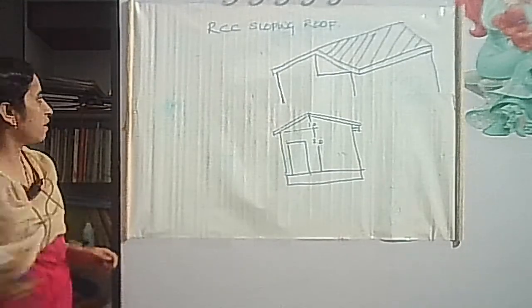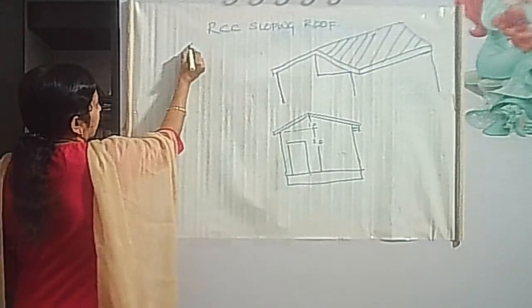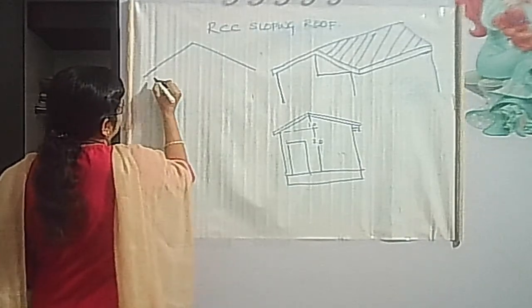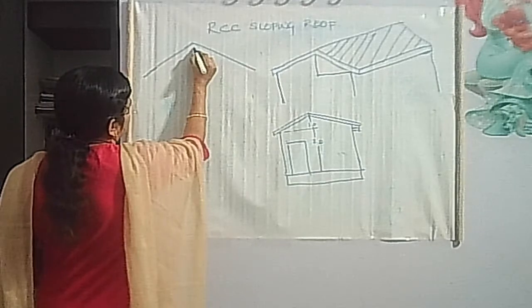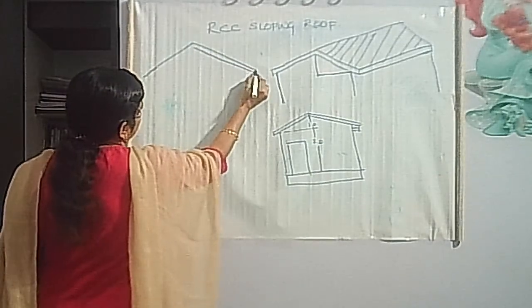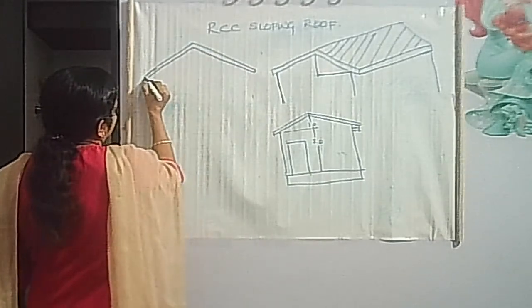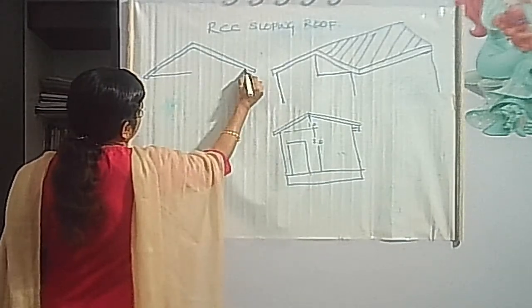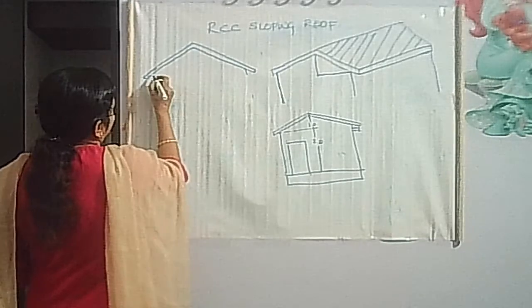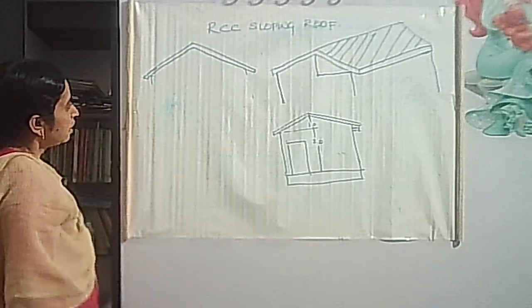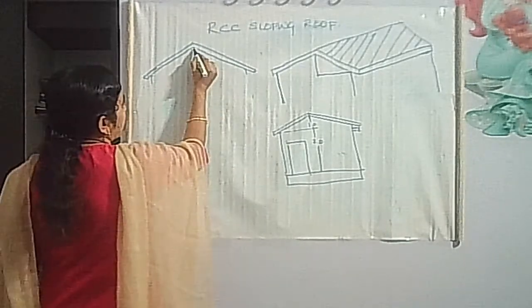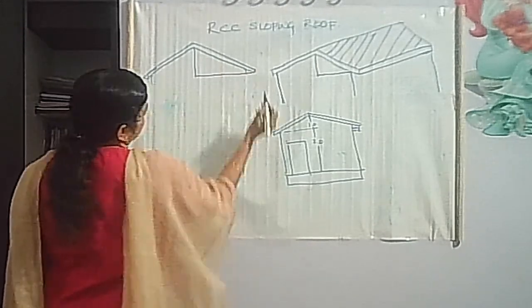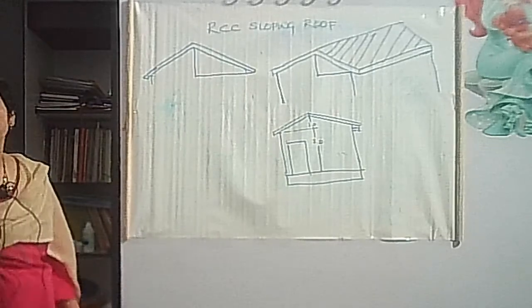As I have told you, this is the triangular face which is formed here. Your wall is here. What I will do is try to form the right angle triangle here.